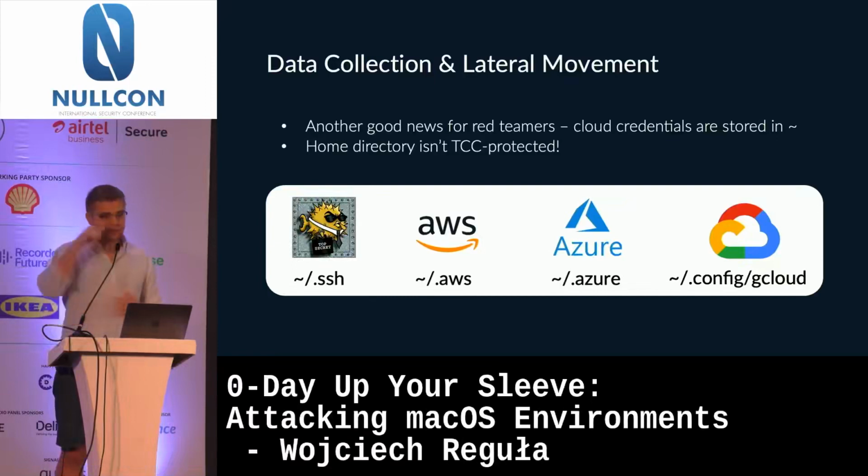They are stored in the home directory, which is not TCC protected. So if you'd like to steal AWS or SSH keys or Azure, GCloud, or anything that stores its secrets in the home directory, you don't even have to use any TCC bypasses. It's a directory that's not protected by TCC.